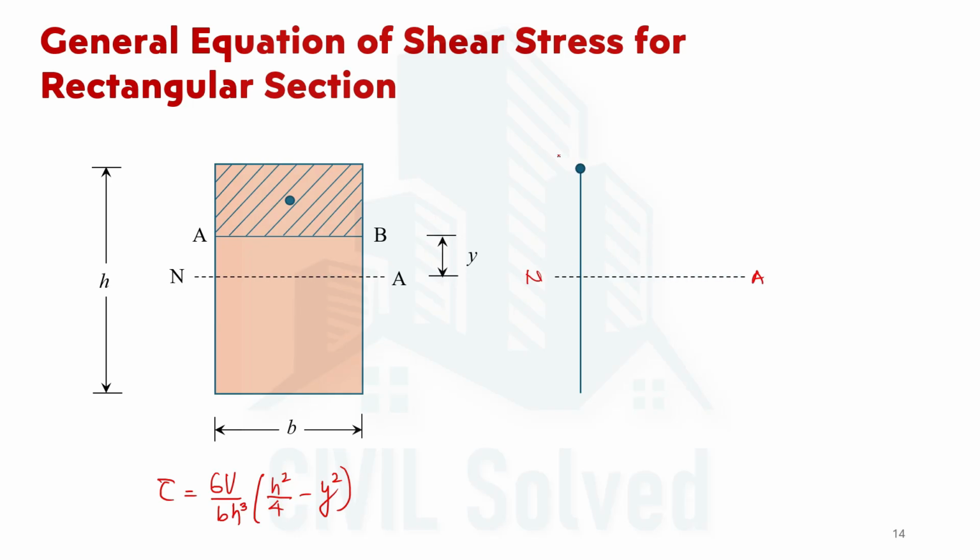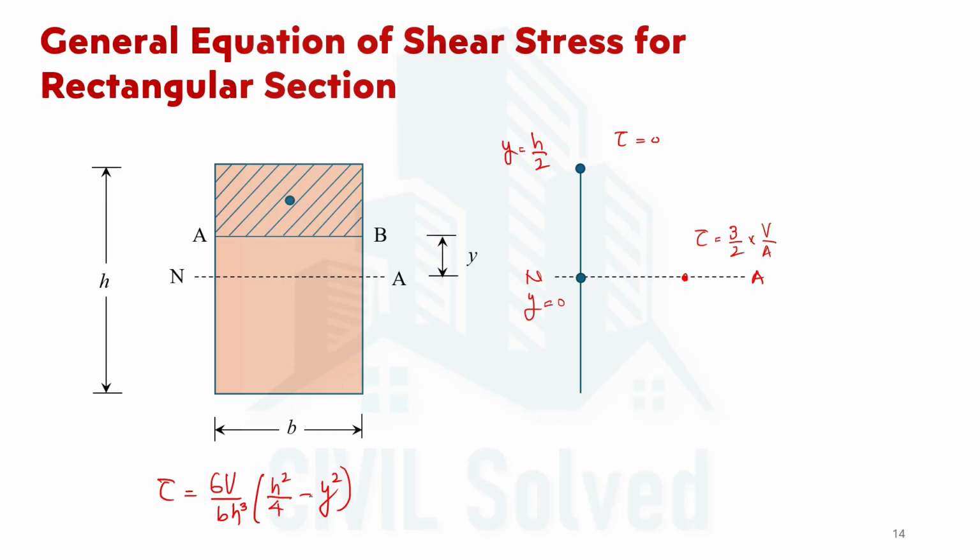When we were at the extreme end at this point where y was equal to h by 2, and we put the y value here, we come to know that the shear stress is 0 here. But when we put y equal to 0 at this point, we have found that the shear stress is equal to 3 by 2 of the average shear stress, or V over A. So let's say that point is somewhere over here that has some value.